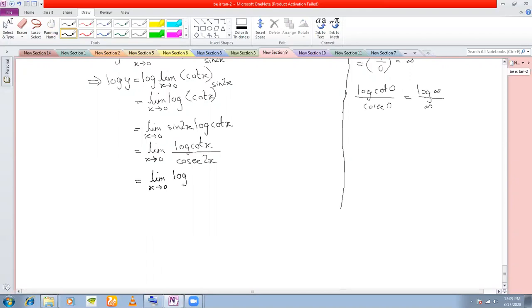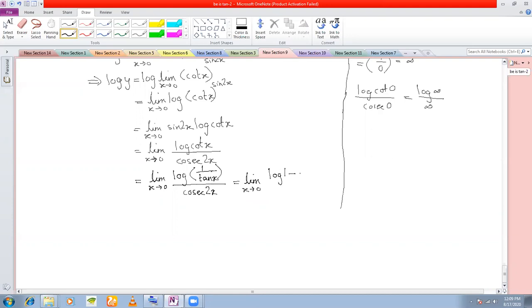Now see, cot x can be written as 1 by tan x. And you can write cosec 2x as it is. Fine. Now what you can do is you can use the log a by b form, or log m by n.